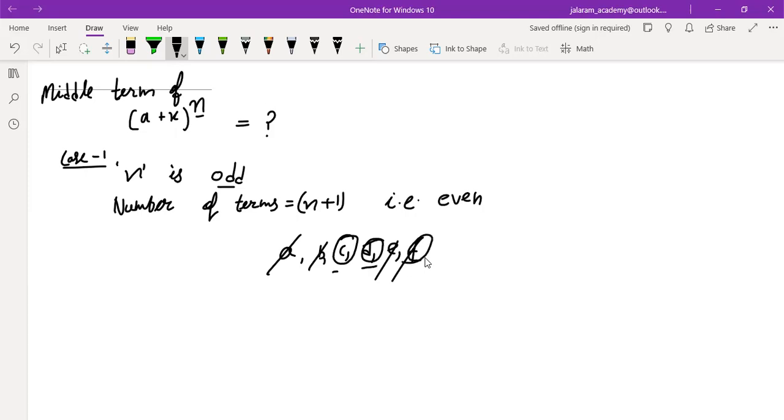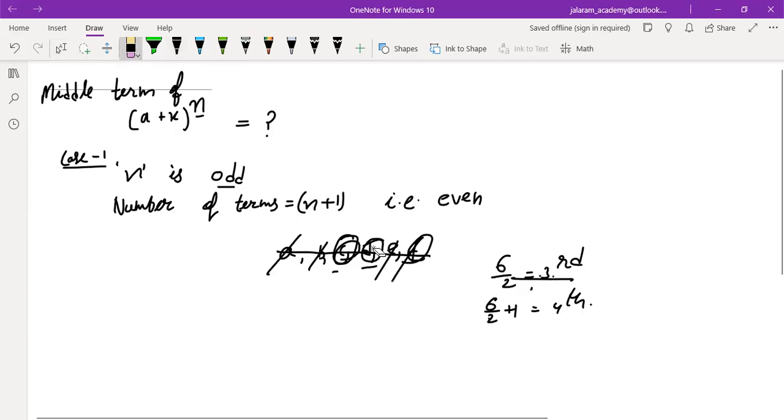Total number of terms is 6, and we first divide this 6 by 2 to get the third, and then we add 1 to 6 by 2 to get 4. So there will be two middlemost terms. One is obtained when we divide the number of terms by 2, and the other when we add 1 to this quotient. Is that clear to you?